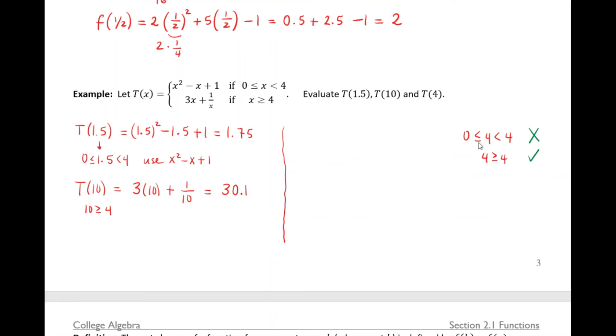So I need to use the second one for this. So whenever I look at t of 4, that's going to be 3 times 4 plus 1 over 4. Now 1 over 4 is 0.25, so the answer will be 12.25. So I hope this example is clear. So let's move to the next one.